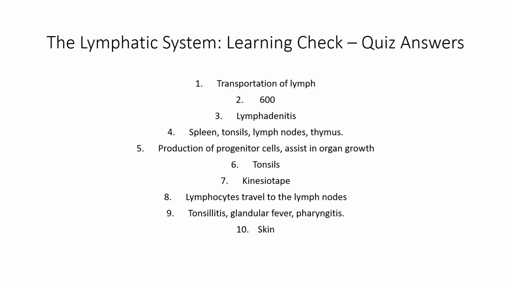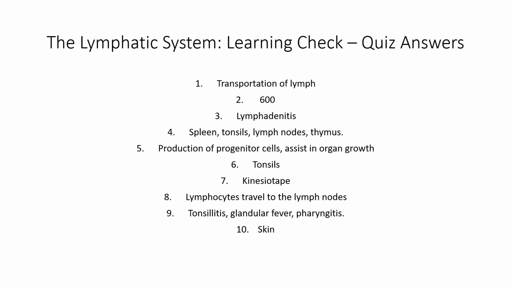Okay, so the answers to those questions are as follows. The answer to number 1 is the transportation of lymph. 2 is 600. 3 is lymphadenitis. Question 4 has 4 answers here: spleen, tonsils, lymph nodes and thymus. Number 5, the production of progenitor cells and assistance in organ growth.